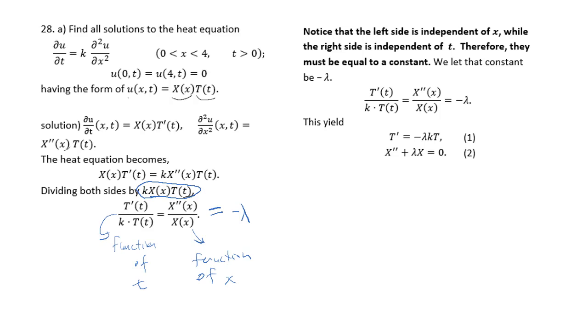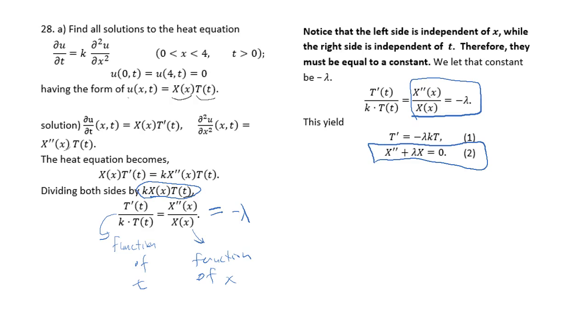It means it's a constant function, right? And another trick is to put this constant as negative lambda, because if you do, then taking this, multiplying by X, and moving lambda X to that side gives you this well-recognized form, which we solved before.